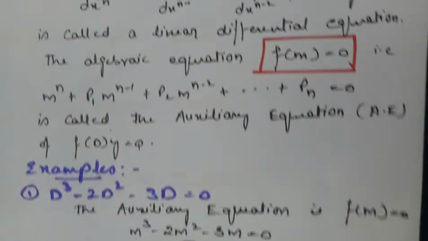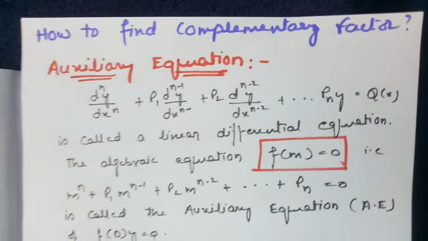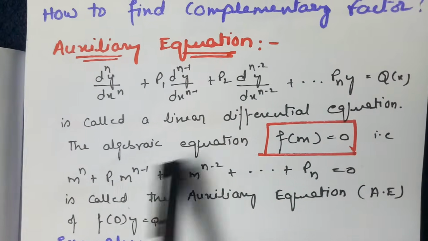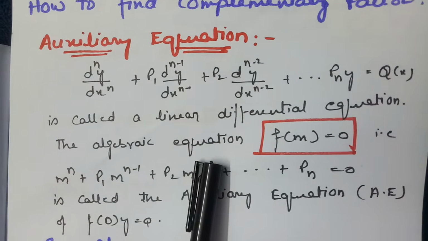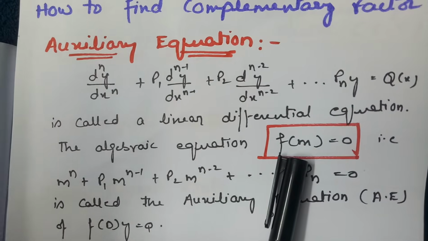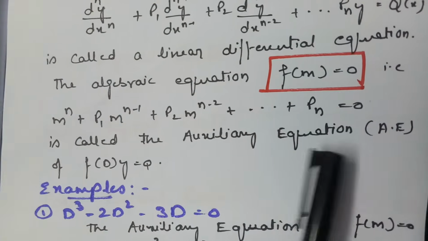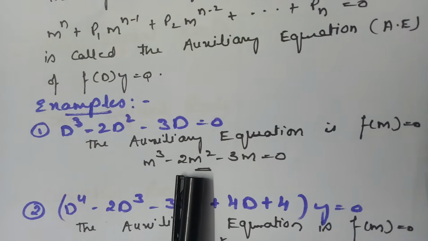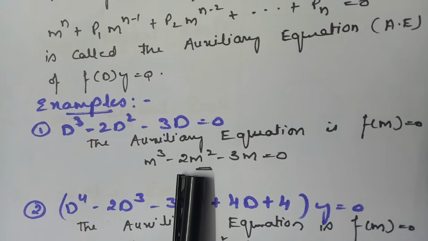So hope you all understand what an auxiliary equation is. The question will be of this form. So this is the linear differential equation, the algebraic equation f of m equal to 0. In place of D, simply replace m, so that you will get an auxiliary equation. After getting an auxiliary equation, I'll solve and find out the roots. The roots may be of different kinds.